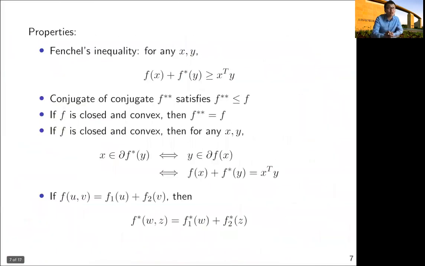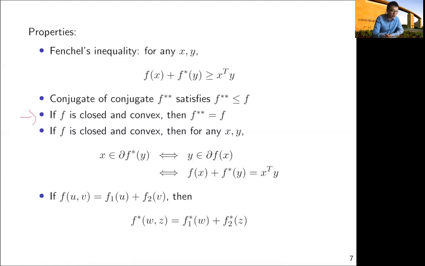So now let's go to the properties of conjugate functions. So the first thing, we've already talked about that if f is a convex and closed function, then the 2 times conjugation gives back the original function. Okay, so let's talk about other properties of the conjugates, right?